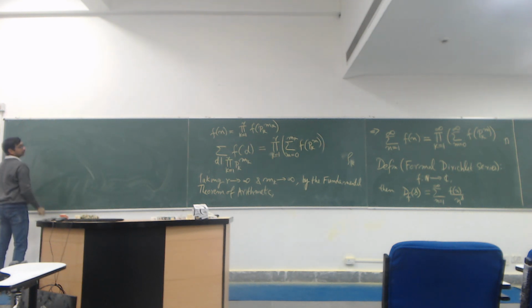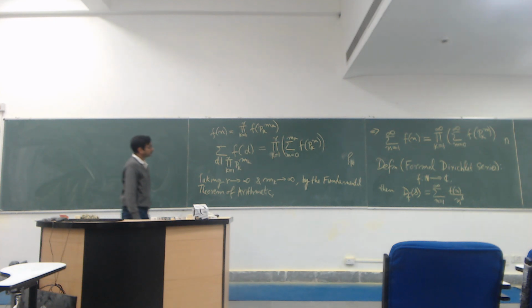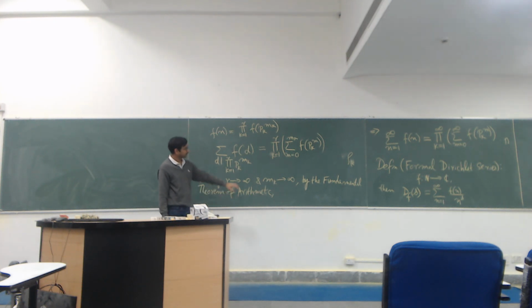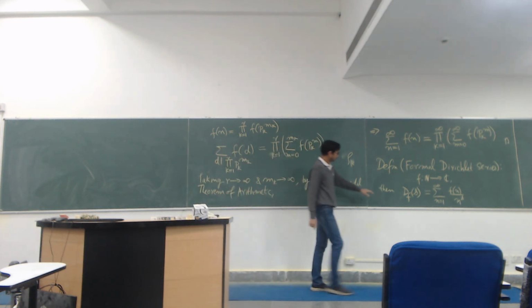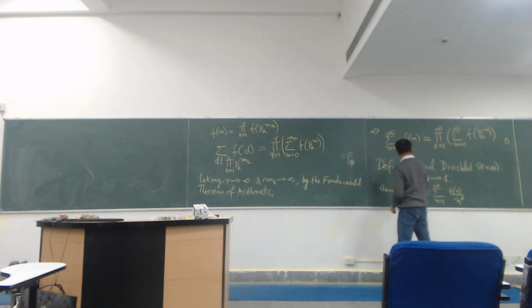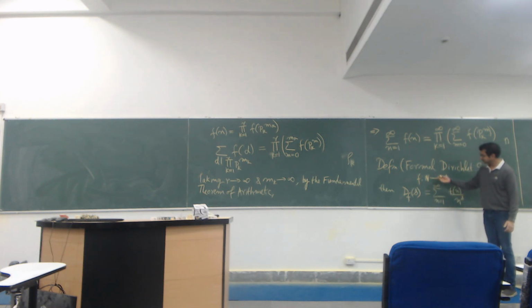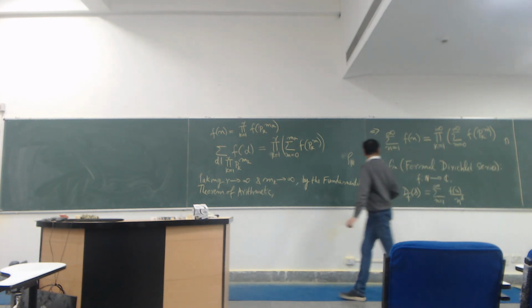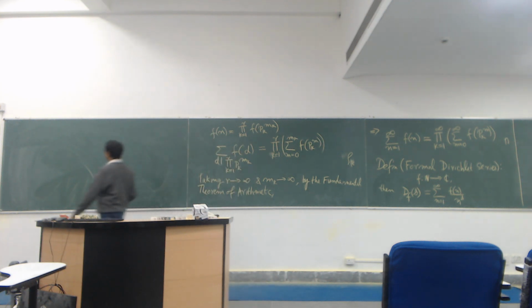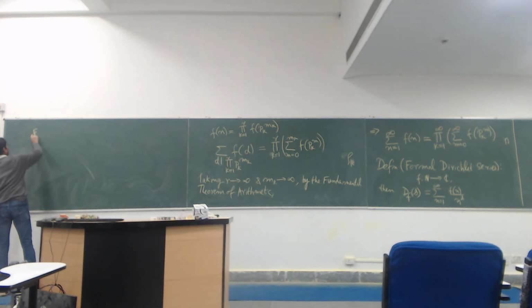Now, at first note one thing: if f is multiplicative, then for D_f(s), we will suppose f is multiplicative and suppose the formal Dirichlet series associated with f is absolutely convergent. Then we can write it as, this is called the Euler decomposition.